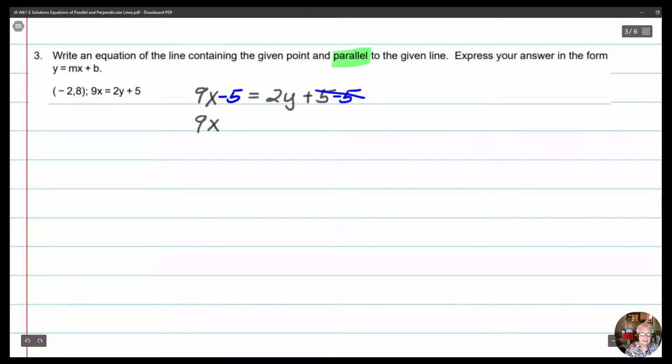So 9x minus 5 equals 2y. Divide by 2, divide by 2, divide by 2. We have y equals 9 over 2 x minus 5 over 2. That means that the slope of this line is 9 over 2.